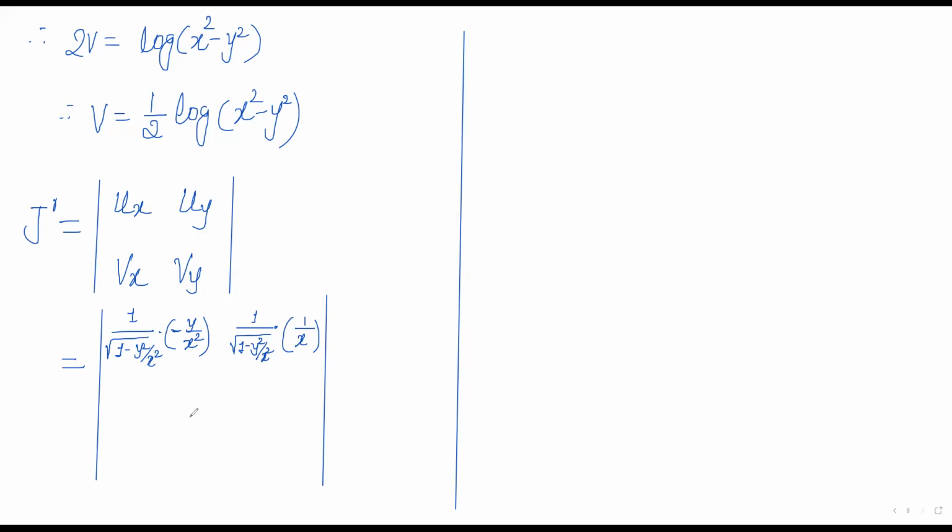Okay. त्याच्यानंतर derivative of v with respect to x, half into log of x square minus y square. So 2 to cancel, x upon x square minus y square. Is it okay?